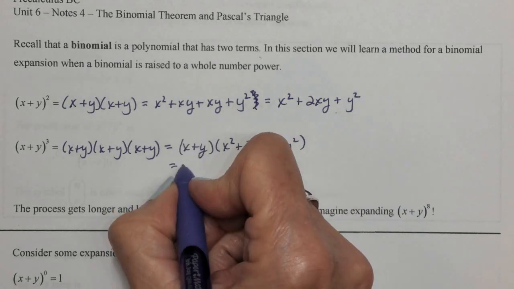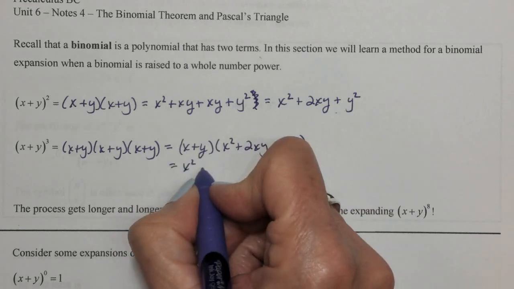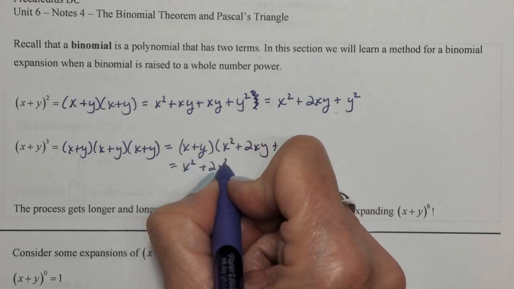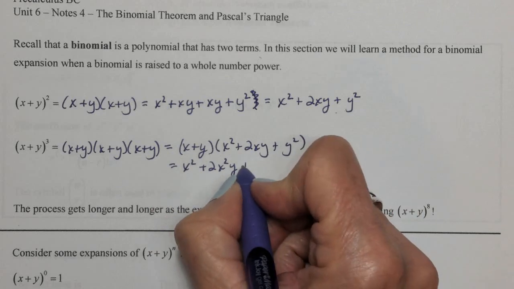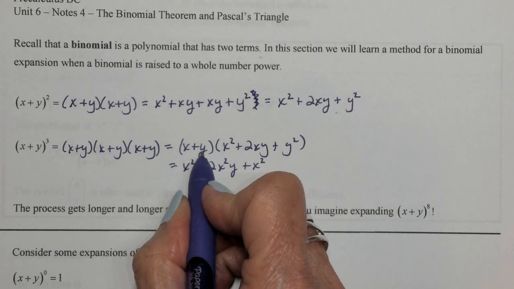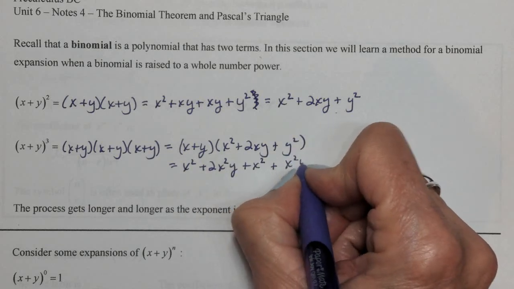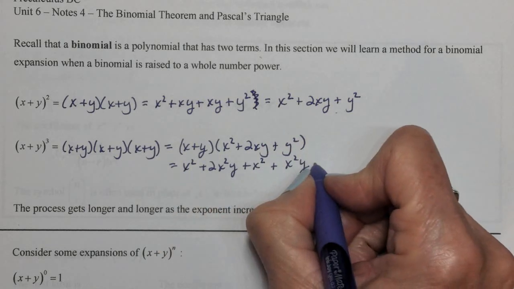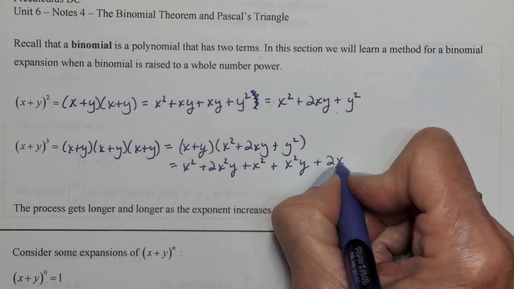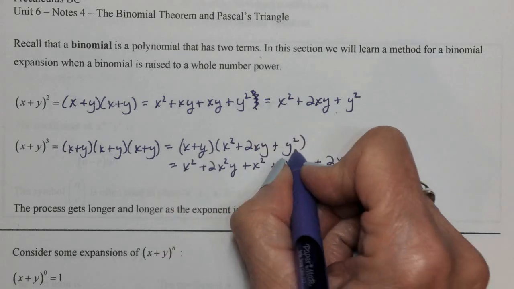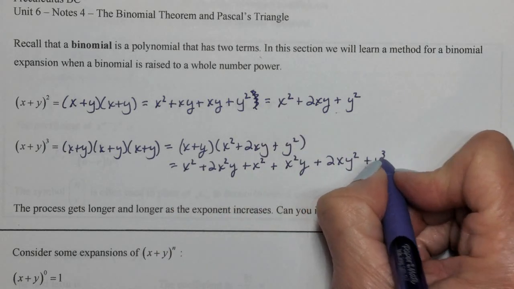X times x squared, x times 2xy, x times y squared. And now I'm going to go to the y term. Y times x squared is the same as x squared y. Y times 2xy is 2xy squared. And then y times y squared is y cubed.